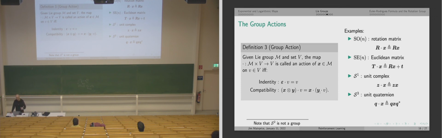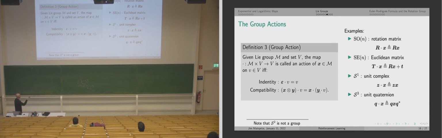That means it's a map that takes the Lie group and takes some vector or set and outputs some element of the set, and it's called an action of an element of the Lie group on the set element if the action of the identity element spits out the same element, and there's this kind of compatibility structure here. So these are examples of classic actions on these classic groups.